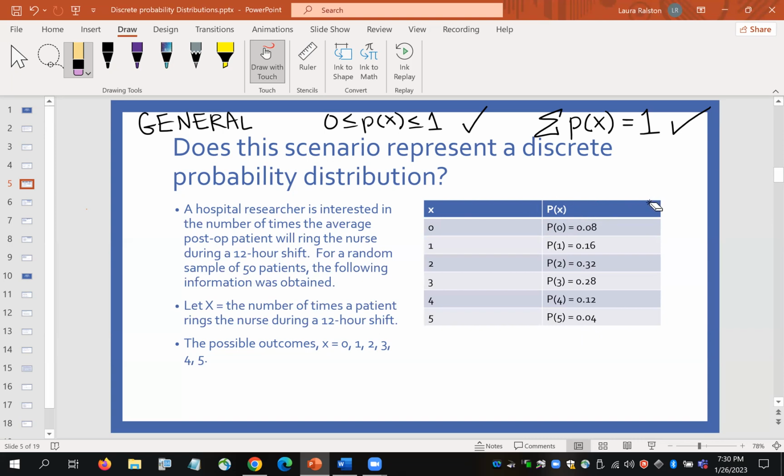It says a hospital researcher is interested in the number of times the average post-op patient will ring the nurse during a 12-hour shift. For a random sample of 50 patients, the following information was obtained. The X represents the number of times that a patient rings the nurse during a 12-hour shift. Then the possible outcomes, they could ring it 0 times, 1 time, 2 times, 3 times, 4 times, 5 times. We have verified that it is a discrete probability distribution.